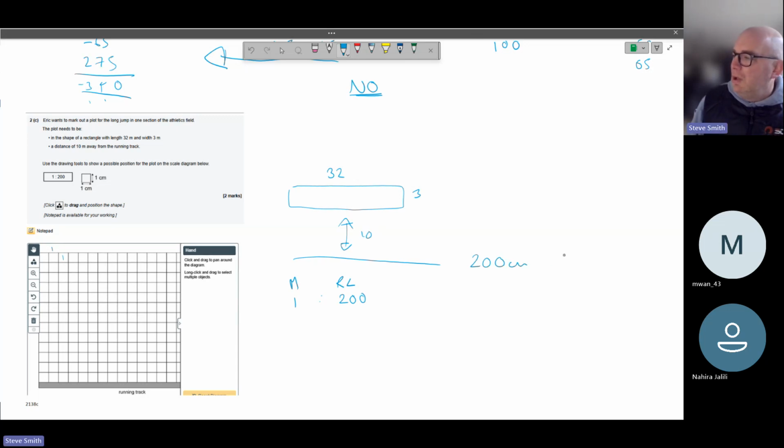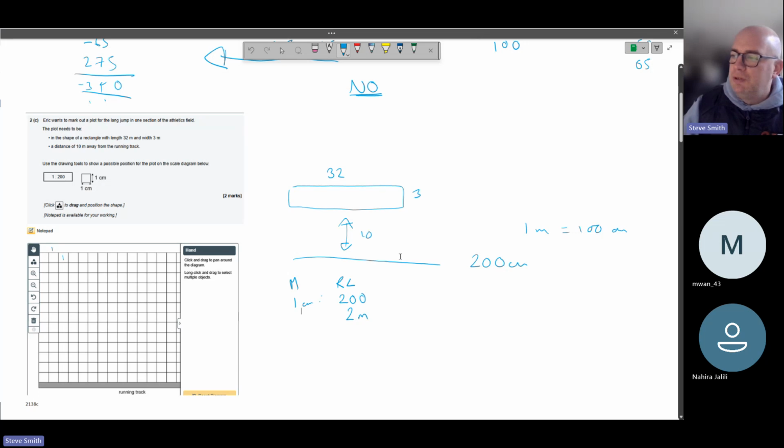If we know that every 1 meter equals 100 centimeters, we can clearly see that for every 1 centimeter on our map, it's representing 2 meters in real life. So we've got our scale done now. So we've probably earned ourselves 1 point because we've worked out the scale.